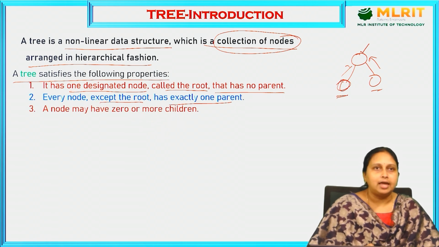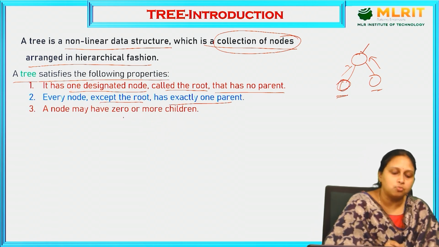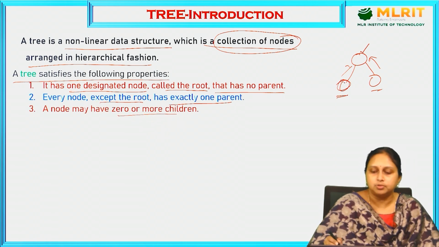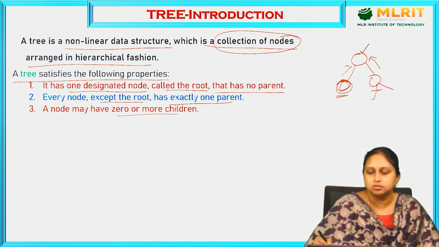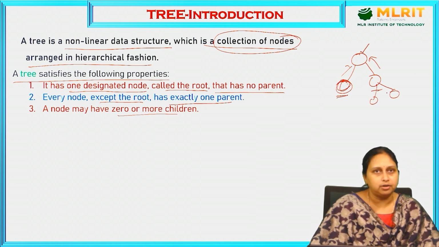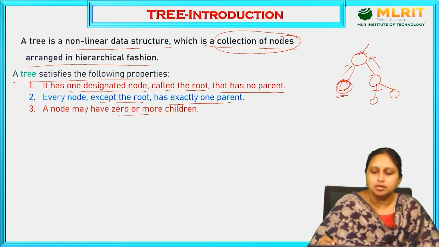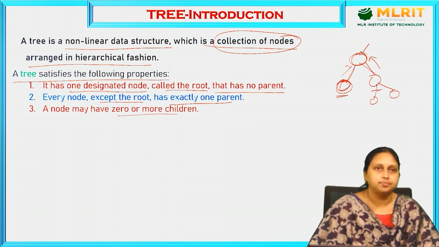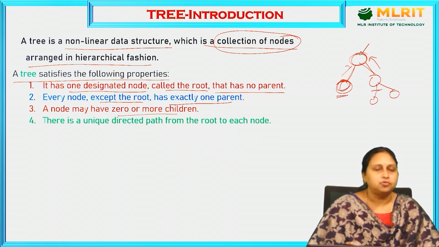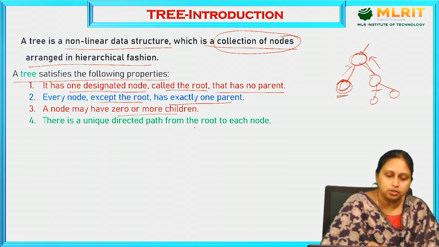Then a node may have 0 or more children. Suppose I take this node, it does not have any children. Another node may have children. And if I consider the root node, it has children. And the fourth one: there is a unique directed path from the root to each node.